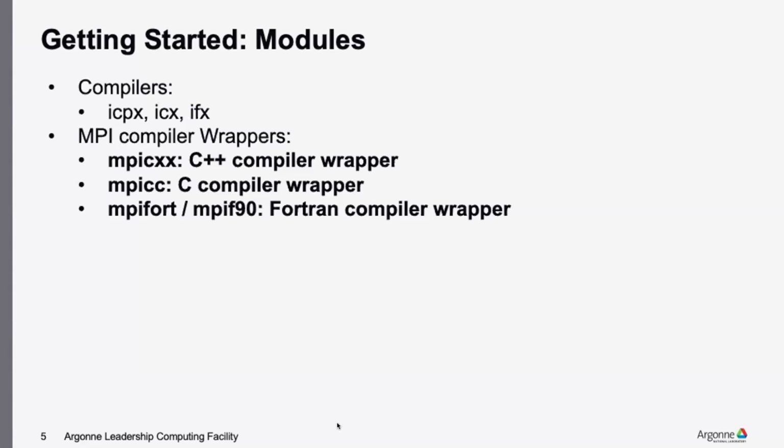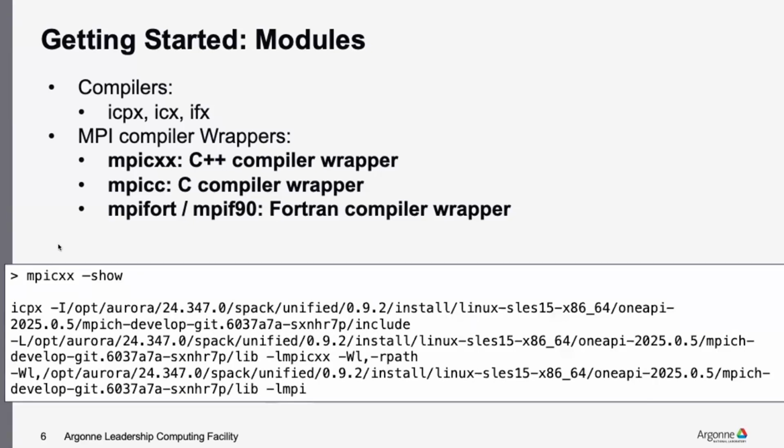And again, I know we've mentioned this before, but Aurora uses MPI compiler wrappers. The Intel compilers under the hood are ICPX, ICX, and IFX, and then mpicxx, mpicc, mpifort, or mpif90 are the wrappers. When you compile, these link in extra libraries from MPICH. Usually you can compile with -v and get a huge output and see everything it's linking in.